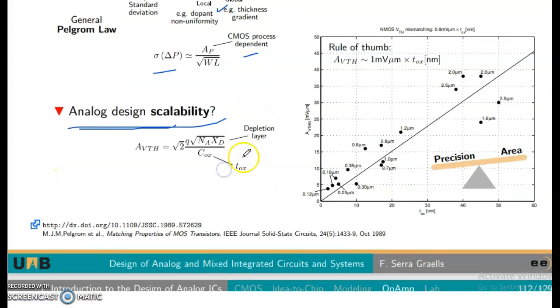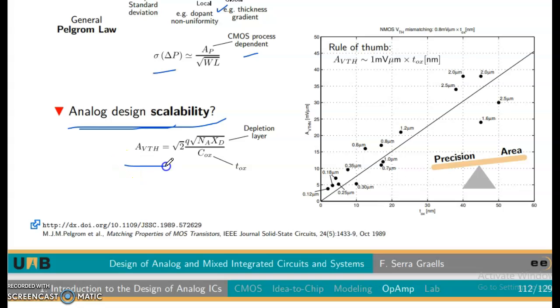Analog design scalability, A_VTH: threshold voltage, with the depletion layer. This is T_OX, root 2 times q root of N_a X_D divided by C_OX, T_OX being the oxide thickness. This is the depletion layer X_D.